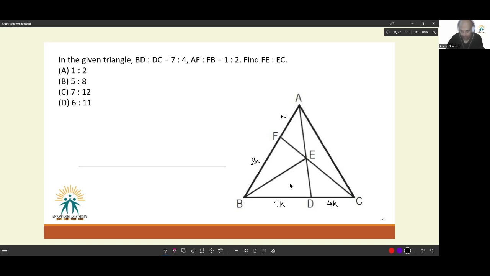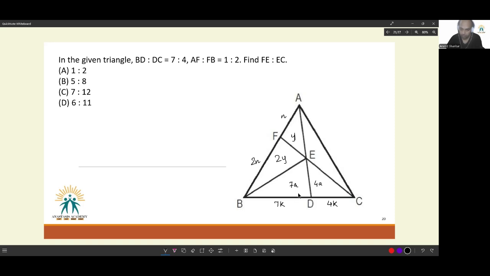I know the area here will be 7A and 4A, and the area here will be Y and 2Y. FE is to EC is needed, no?